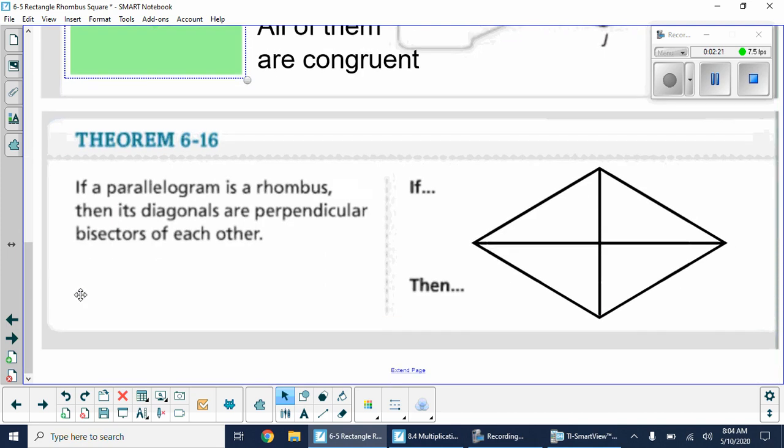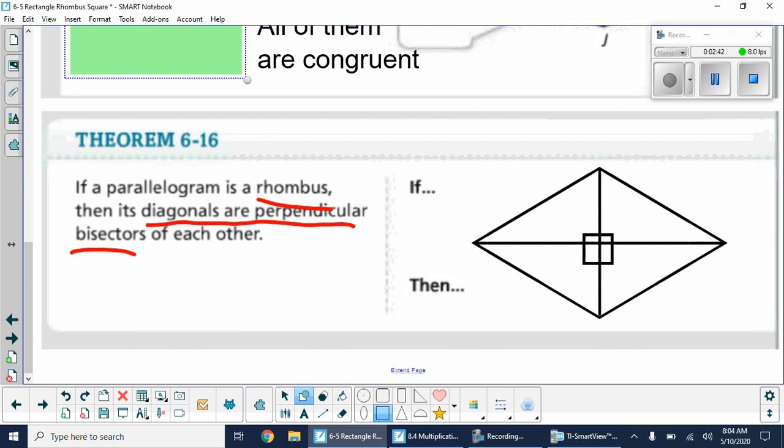Okay, so a couple things that we're going to add into this is to say that if we have a parallelogram and it is a rhombus, then its diagonals are perpendicular bisectors. That means that they are perpendicular. So number 1, I'm going to add in our little 90-degree box again.